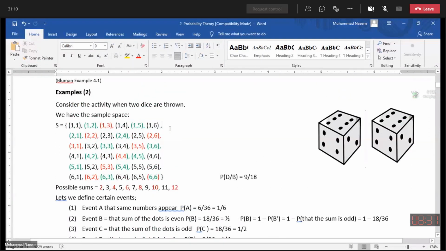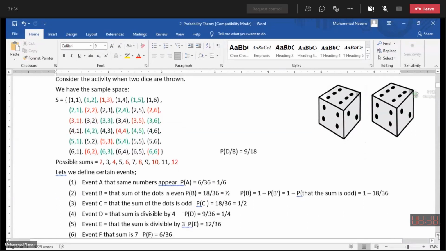So the ordered pairs corresponding to 3, 6, 9 and 12: 3, these green highlighted, 6, these green highlighted, 9, these green highlighted, and 12, the last one. These are 12 in number. So 12 out of 36 is the probability for the event E.